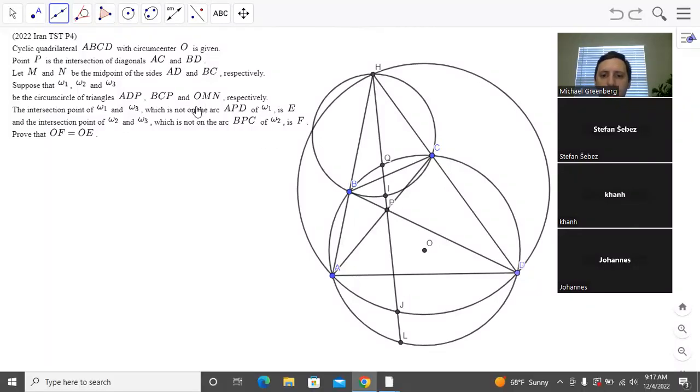Maybe the perpendicular from H to BC? Not sure. Or maybe the midpoint of arc BC. Interesting.